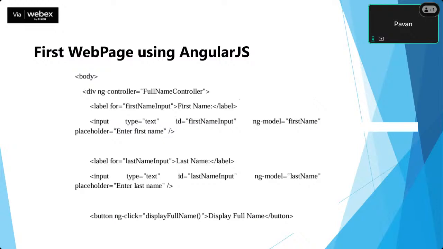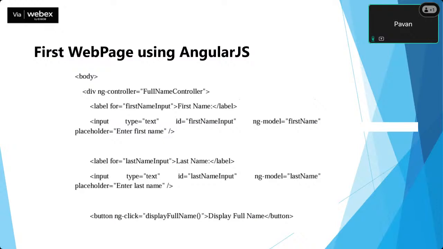The ID is needed because if we have to connect the label and the input, then we have to mention the ID, right? So that's why we have mentioned first name input, and that itself is written inside the label after for equals to first name input. So it is just to connect label and input.